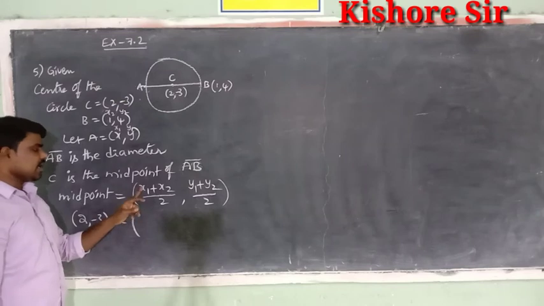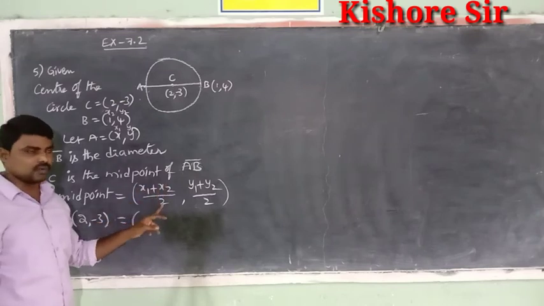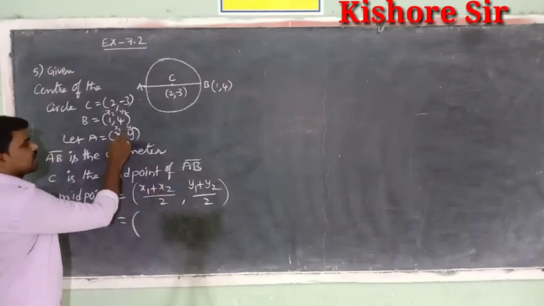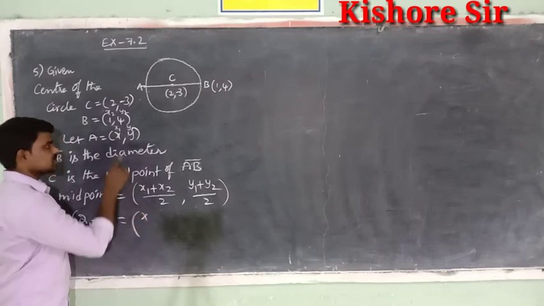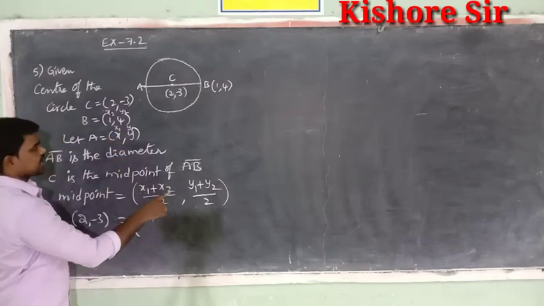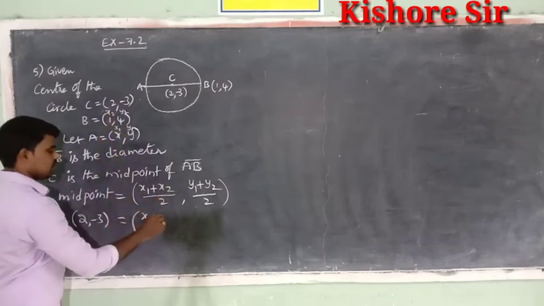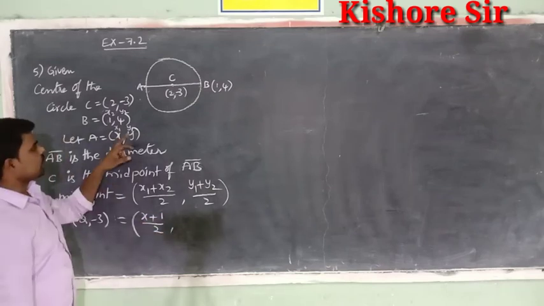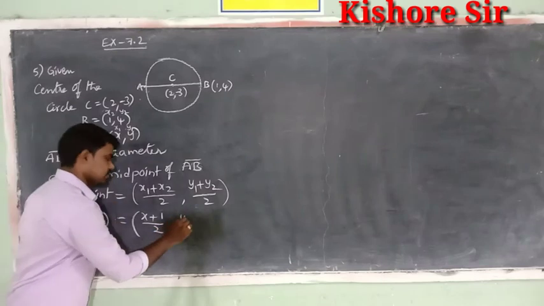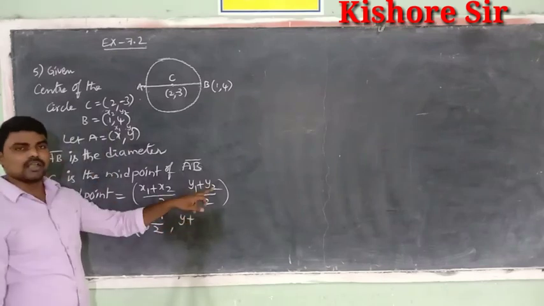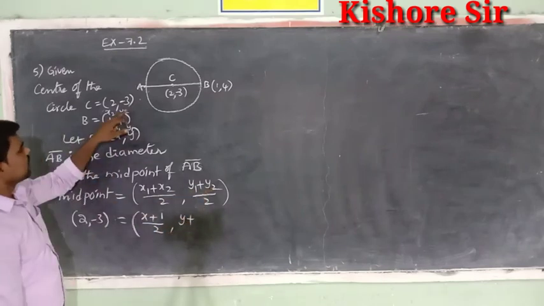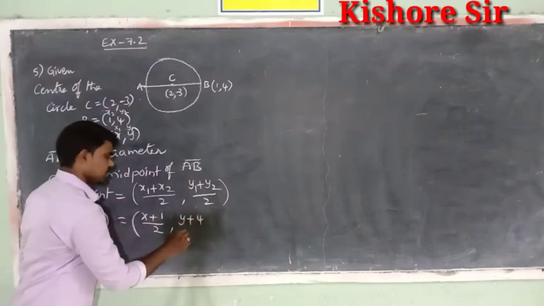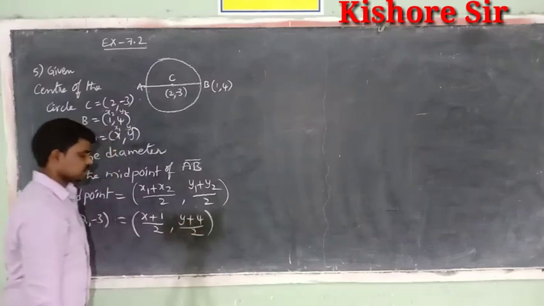The formula is x1 plus x2 by 2. What is the x1 value here? X. x1 value is x plus x2. The value of x2 is 1 by 2, the value of y1 is y plus the value of y2 is 4 by 2.